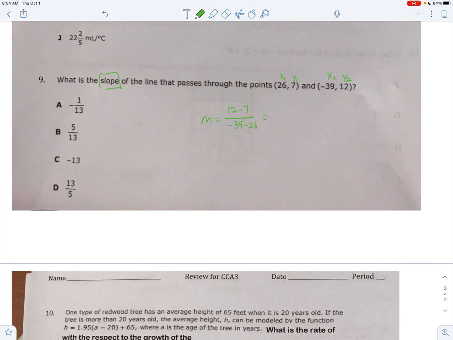This becomes 5 over, appears to be negative 65. So this simplifies to negative 1 over 13. All right. And if you don't know how to do that, just remember you can change this to a decimal and then change these answers to decimals to see which one is the same. And the answer is A.